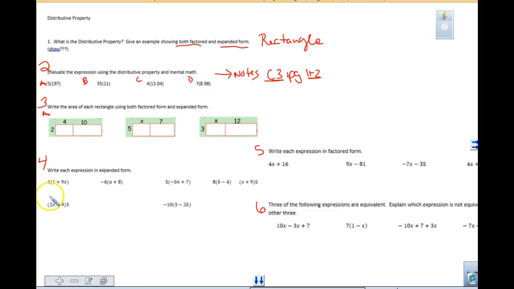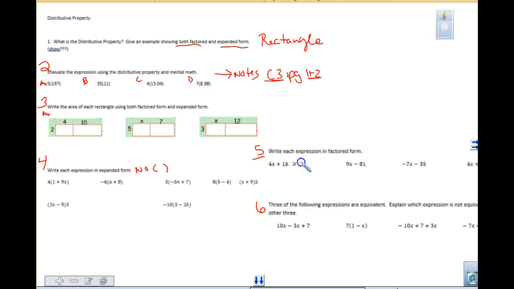Then down here, number 4, write each one in expanded form. What expanded form means is no parentheses. Then in question 5, everyone see where this one is? Put a number 5 out in front and it says, write each expression in factored form. Oh, factored form. We didn't really do that, right? What they mean by factored form is, what do these two have in common? The biggest thing they have in common. 4x and 16.